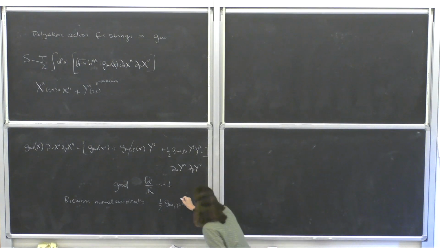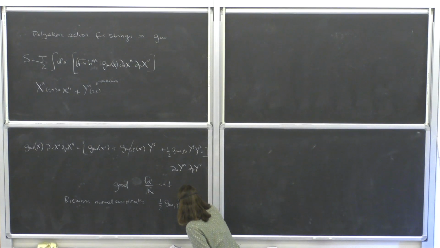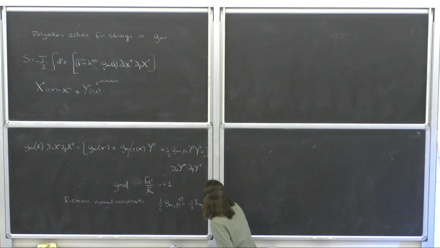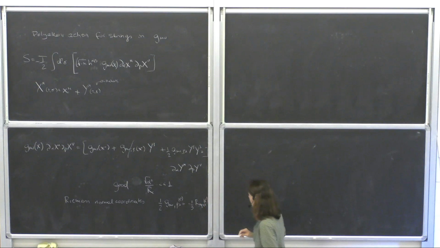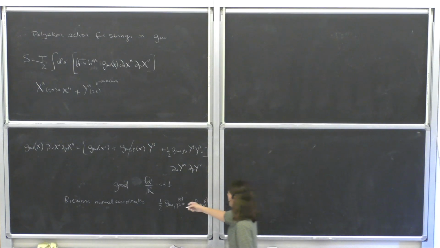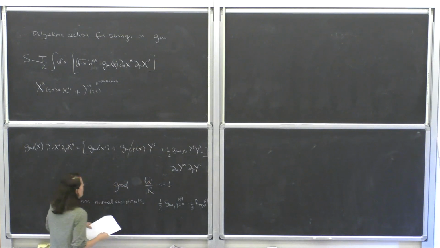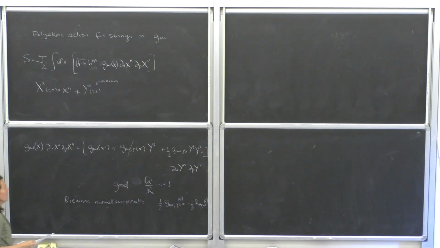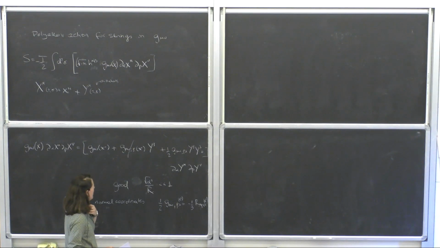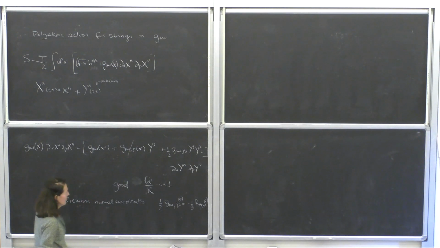This you can do locally, right? This at a given point is equal to this at that point. This is not in general the same everywhere. You can do it at some point, but you cannot do it everywhere.